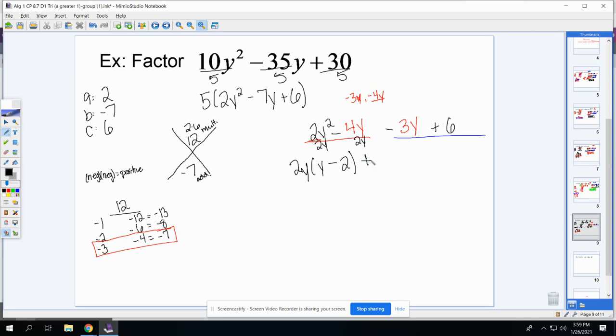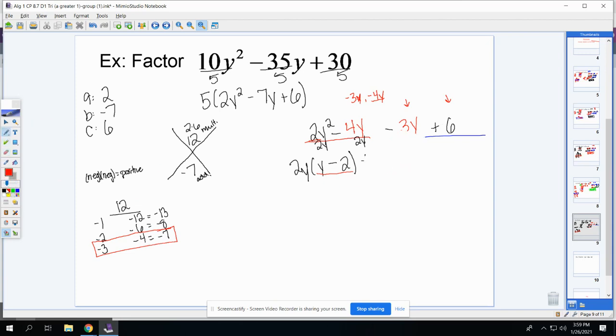Now, I notice we are hoping to get a y minus 2. Well, as of right now, this is negative and this is positive. So that tells me if we need to switch these signs, we are going to need to take out a negative.